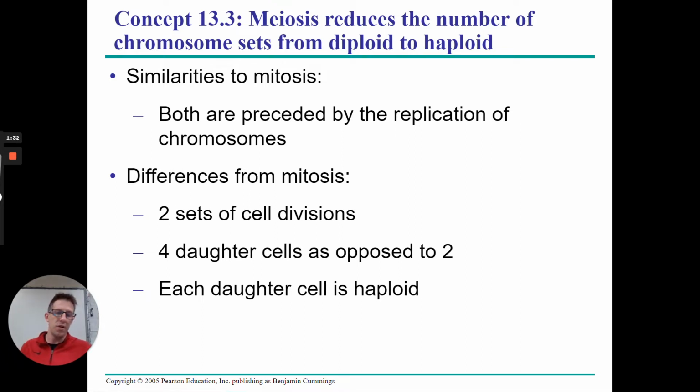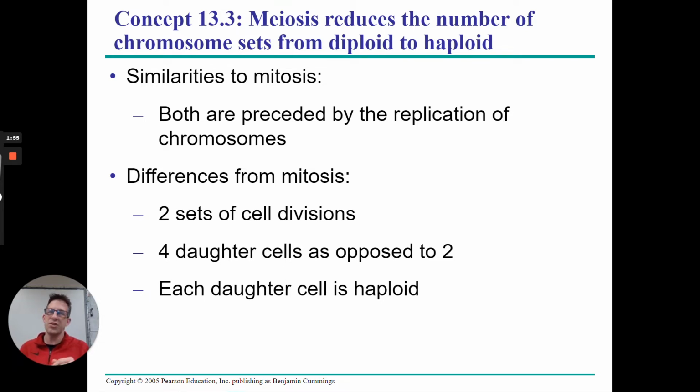First off, in meiosis there are two sets of cell divisions instead of just the one in mitosis. At the end of meiosis, there are 4 daughter cells as opposed to just 2 in mitosis. And finally, and maybe most importantly, each daughter cell in meiosis is haploid.